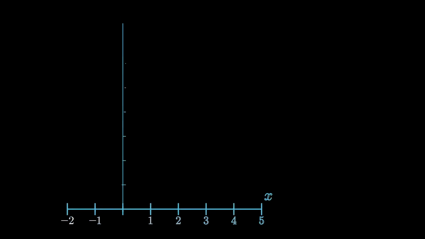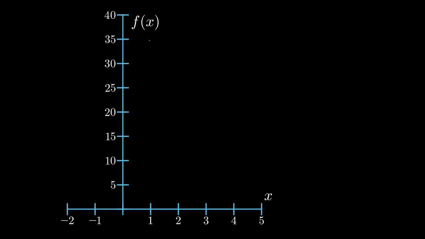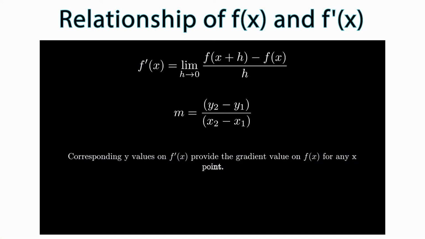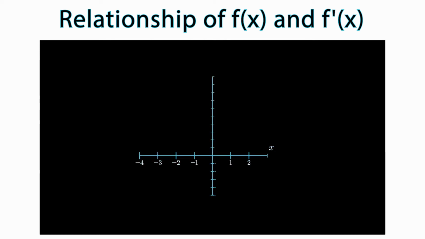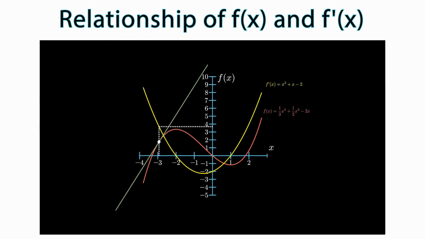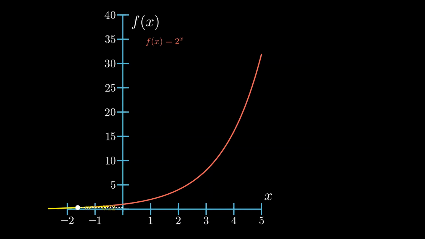Let's just consider we've got f of x equal to a to the power of x. Now, if we don't remember the relationship between a function and its derivative function, it's that if you've got a function, the value of the slope tells you the corresponding y values of the derivative function. And so if you take a look at the gradient values of an exponential function, the gradient shoots up exponentially.